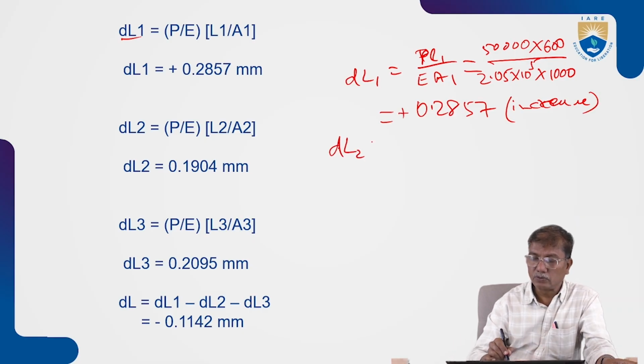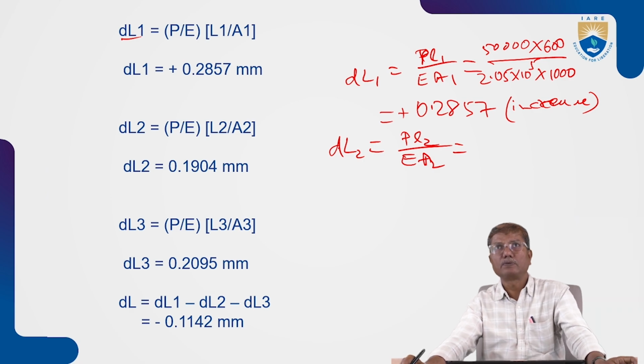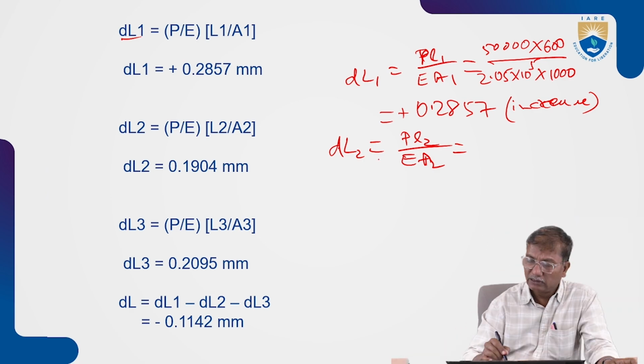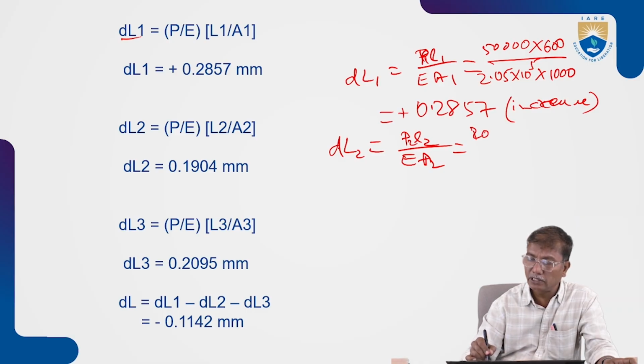And DL2 is PL2 by EA2. That means P is here in this case, you can say P1 and P2. P2 is 20 kilonewtons. This is compressive, so you will have decrease in length.